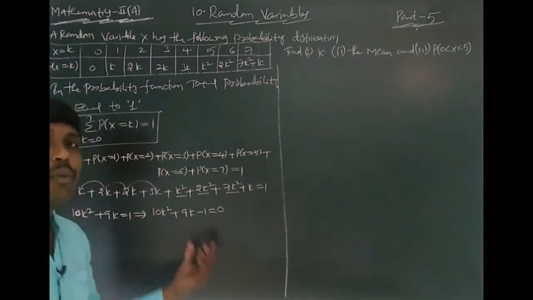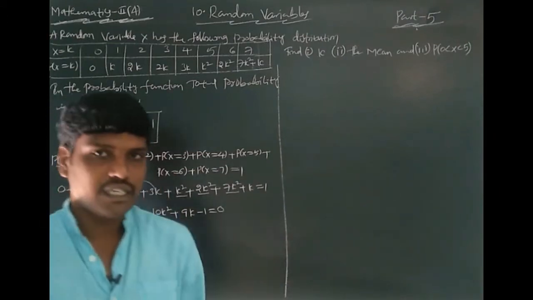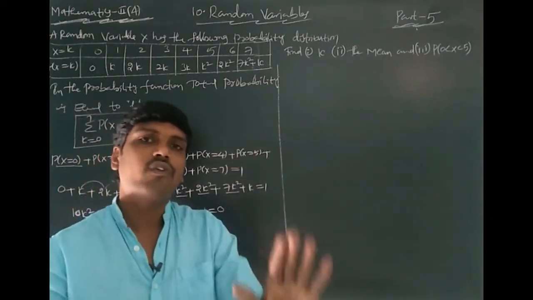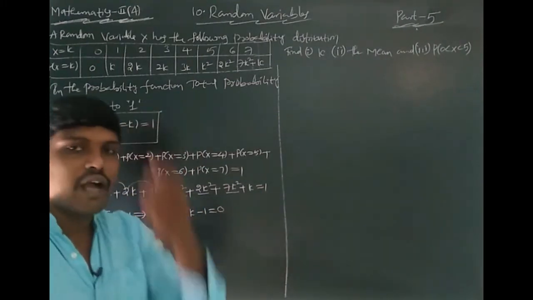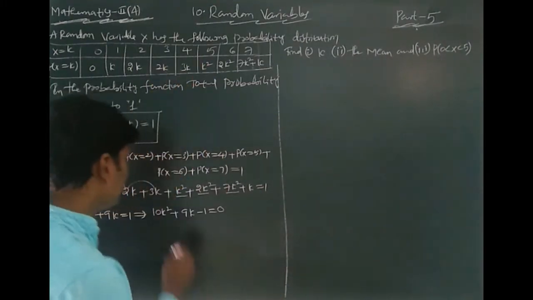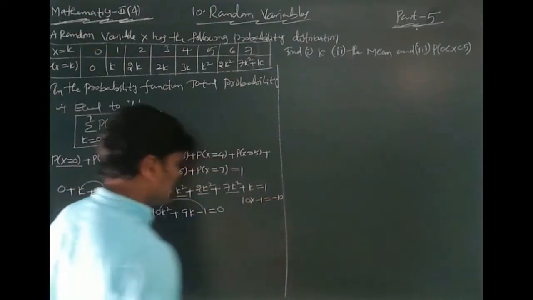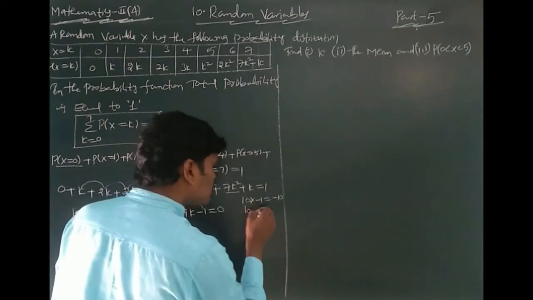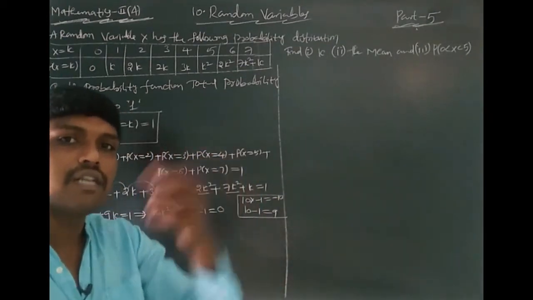You can separate it here. This is the quadratic equation in terms of k. You can solve this quadratic equation by factoring, and you get 2 solutions. What is that? 10 into minus 1, how much? Minus 10. Now, 10 minus 1, how much? 9. Completed. One factor is 10, another is minus 1.